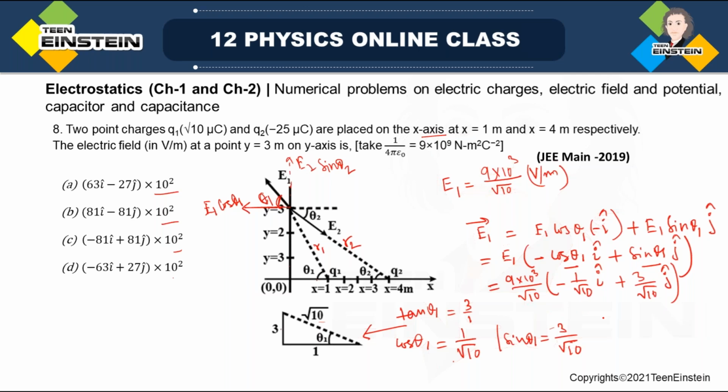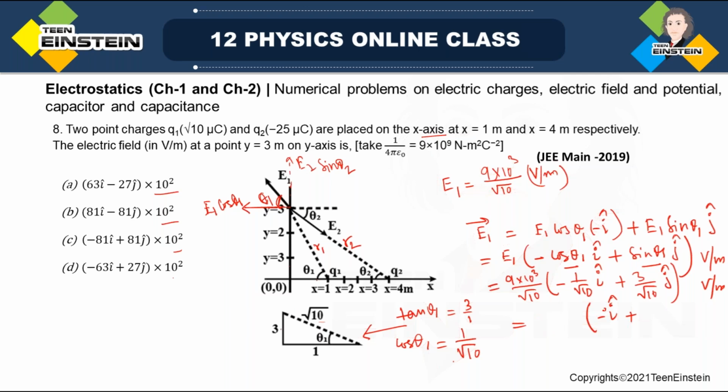If I multiply this inside, keeping 9 into 10 to the power 3, which is obviously in volt per meter, let me keep the factor 10 to the power 3 out.